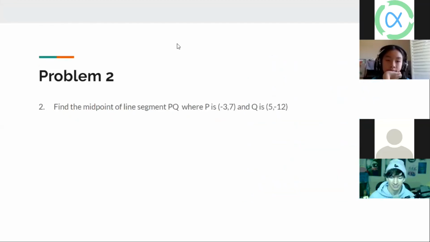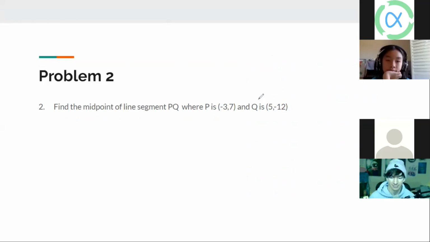The second question is, find the midpoint of line segment PQ where P is (-3, 7) and Q is (5, -12). The midpoint is the point that is equidistant from P and Q. So the distance from the midpoint to P is equal to the distance from the midpoint to Q, and it lies on this line as well.